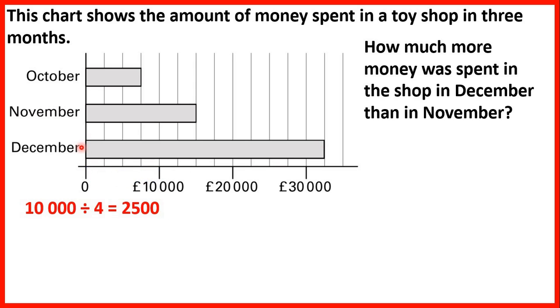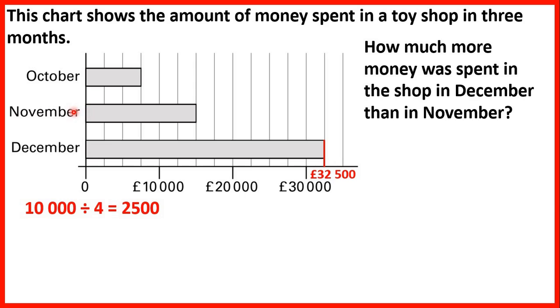So we need to work out how much was spent in December and November. If we go to the end of our bar for December, we can see that that's one line after £30,000, so that's £32,500, because remember, each line is 2,500.